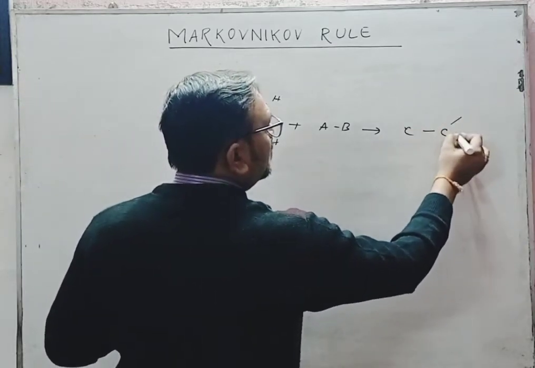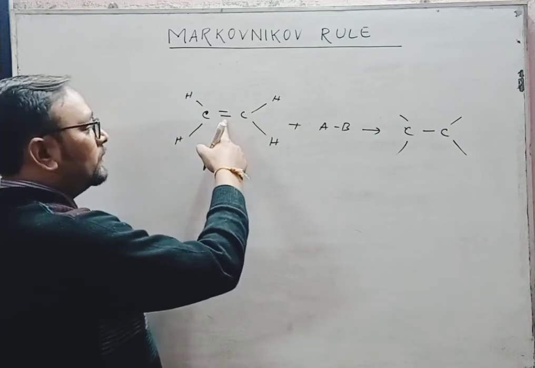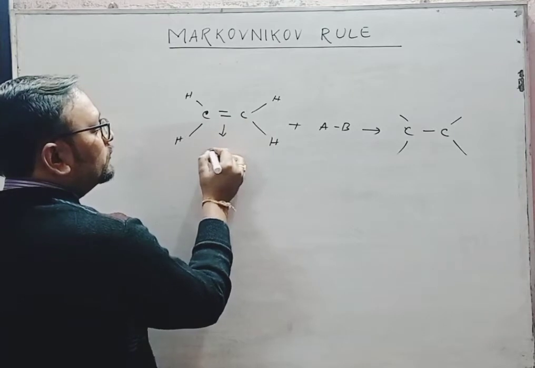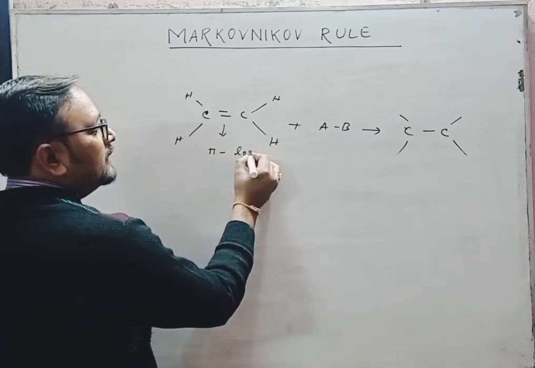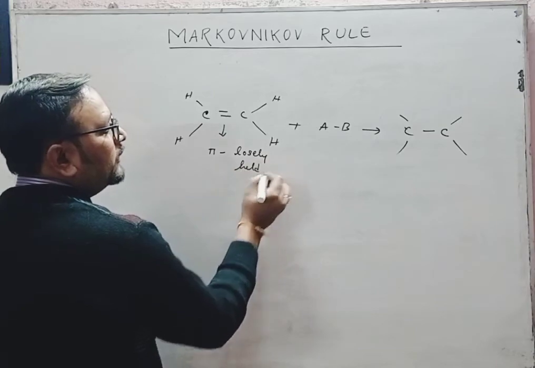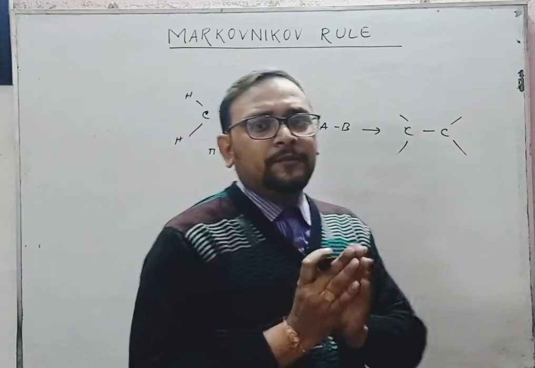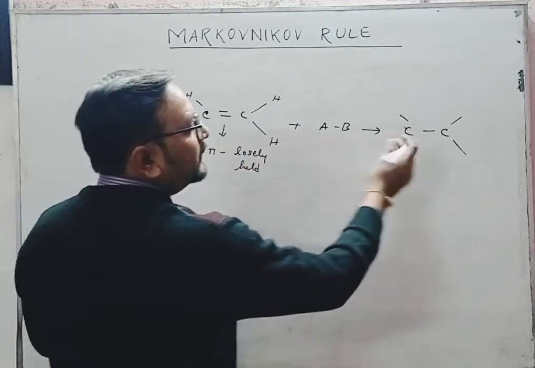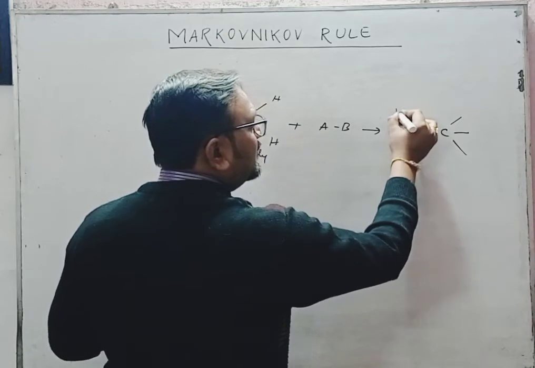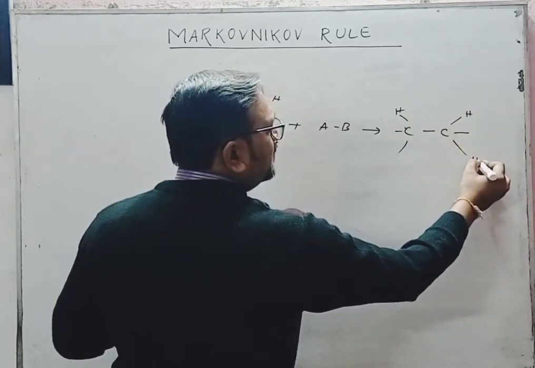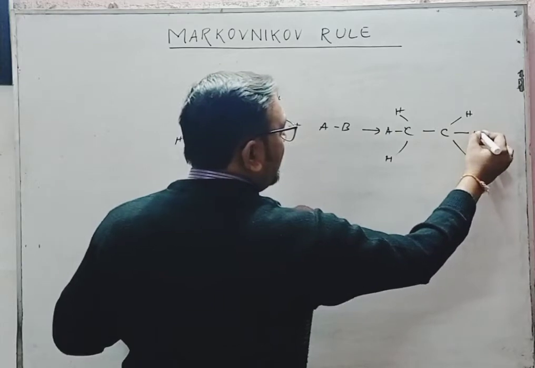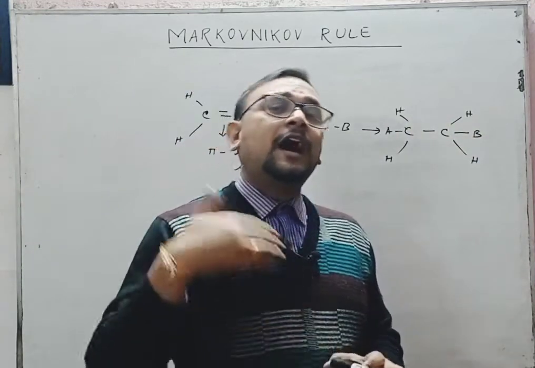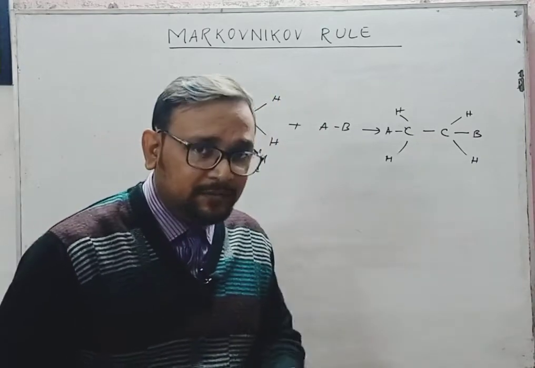In this double bond, the pi electrons are very loosely held, so we can easily break them into a single bond, and here an addition reaction will go. So we will add A and B. But my dear students, this is for the symmetrical one. How to add if it is unsymmetrical?